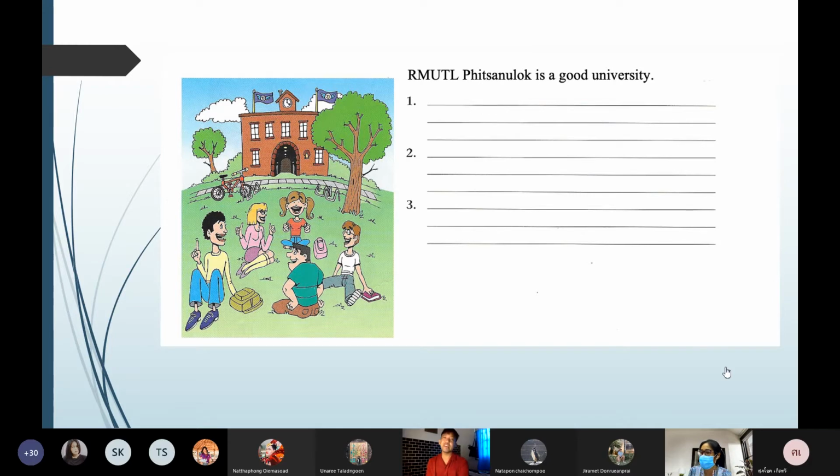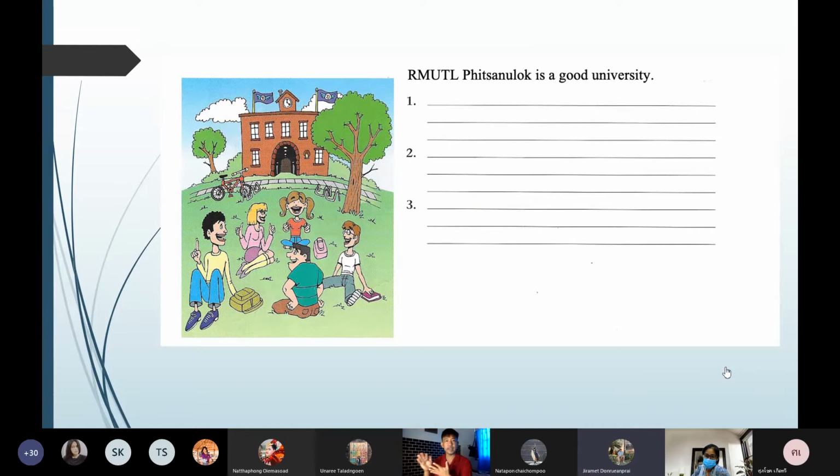Okay, another one. Can you give me one more so that we could make it more interactive? RMUTL Phitsanulok is a good university. Number one, we already spoke about being friendly. Another aspect, can you give me one? Anyone in the audience? RMUTL Phitsanulok has a friendly environment.